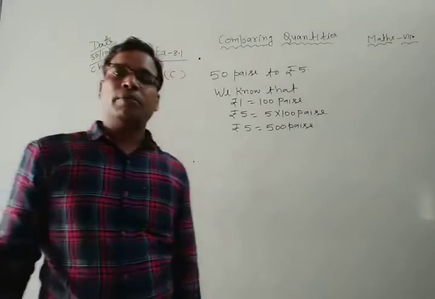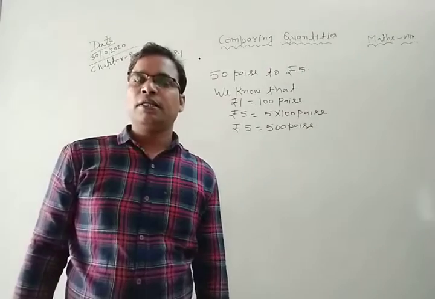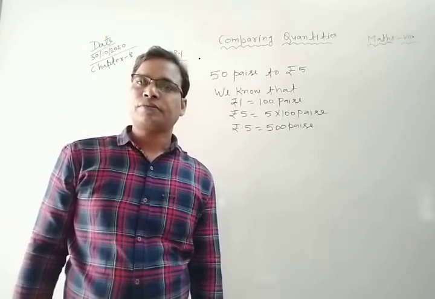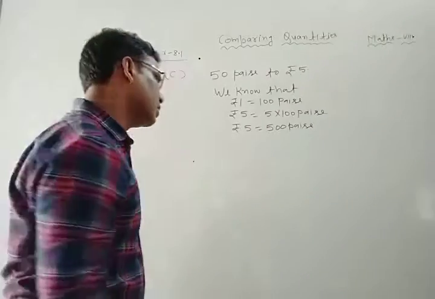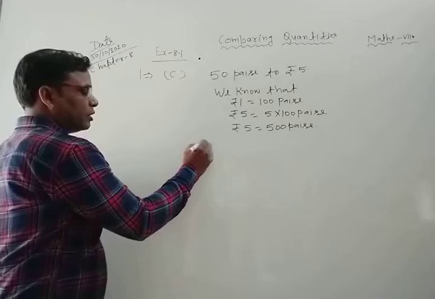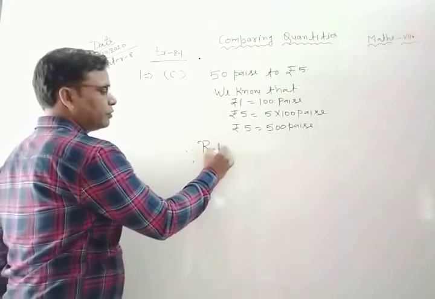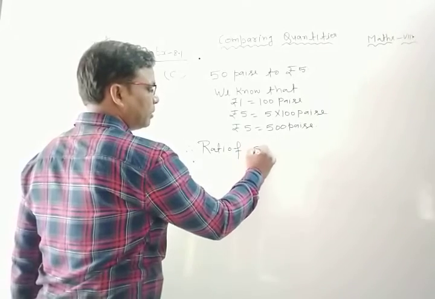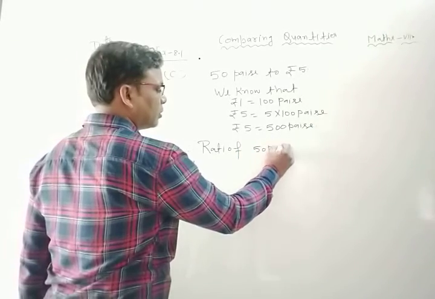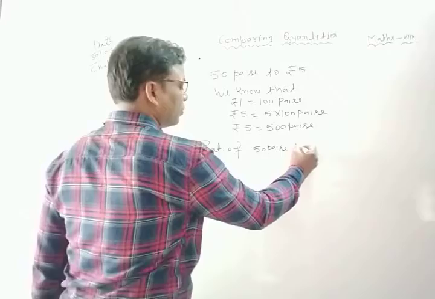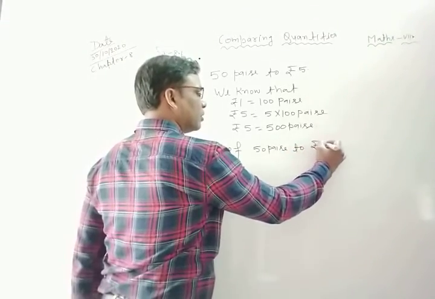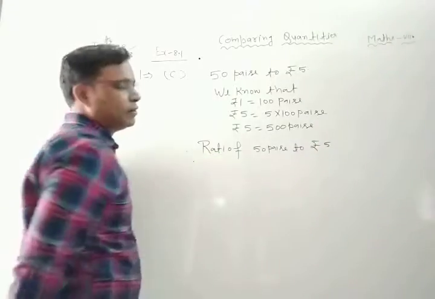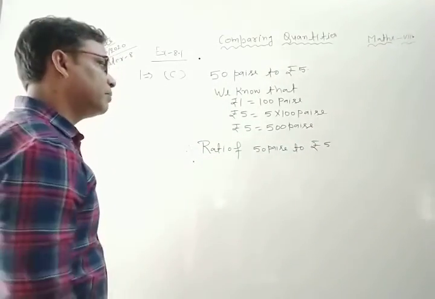Now, we need to find the ratio of 50 paise to 5 rupees. But we converted that 5 rupees is equal to 500 paise.